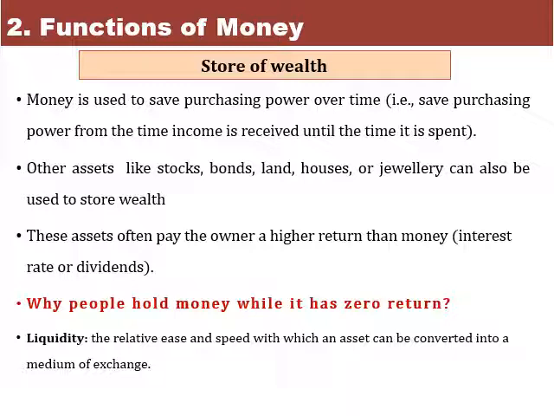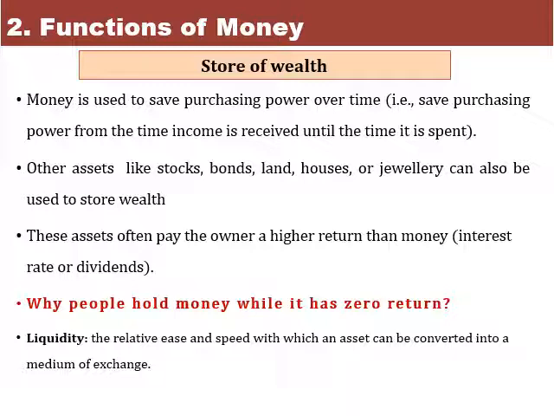And here we should note that there are some other assets that could be used to save the purchasing power, such as stocks, bonds, land, houses, or gold. And even these assets may generate some returns for their holders. For example, if you keep your savings in terms of bonds, then you will receive some interest payments.